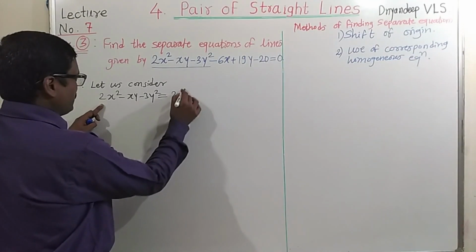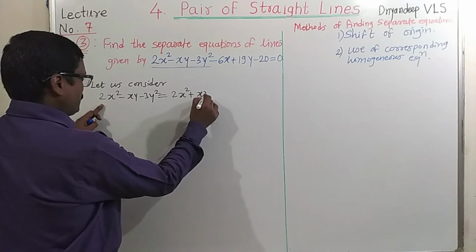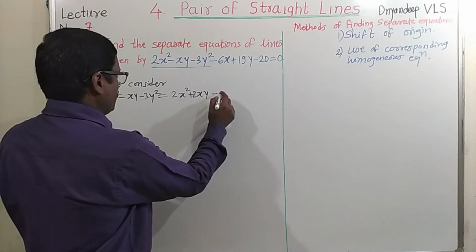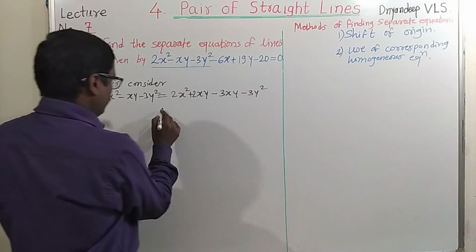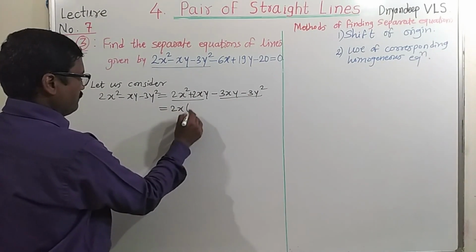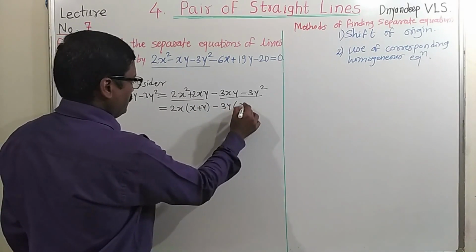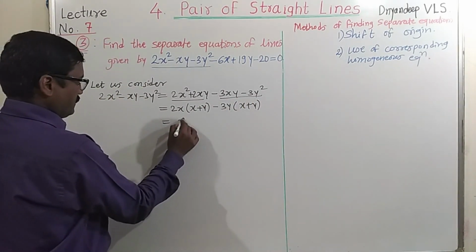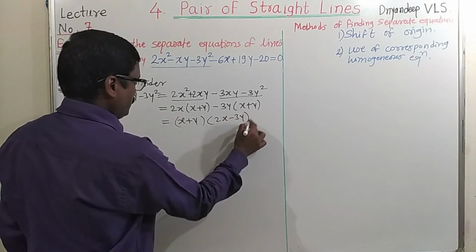So we can write this as 2x square plus 2xy minus 3xy minus 3y square. Then we get factors as, taking common 2x, in bracket x plus y. Taking common 3y, in bracket remains x plus y. So factors are x plus y and 2x minus 3y.